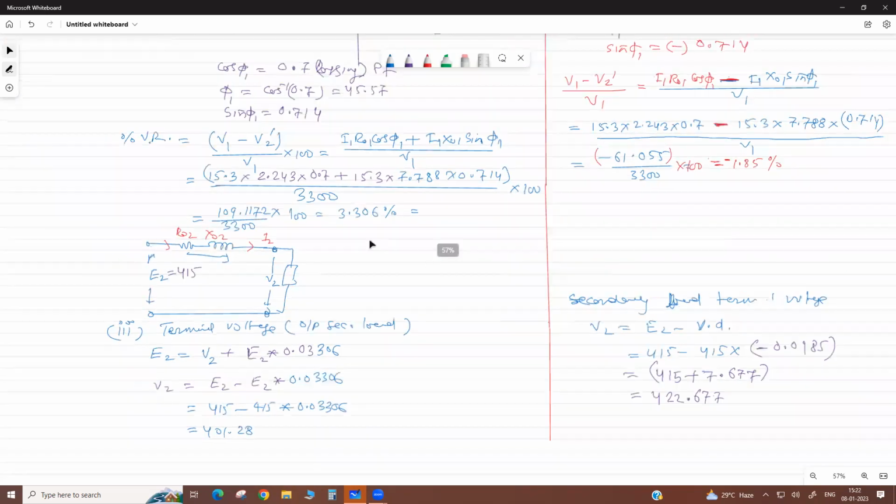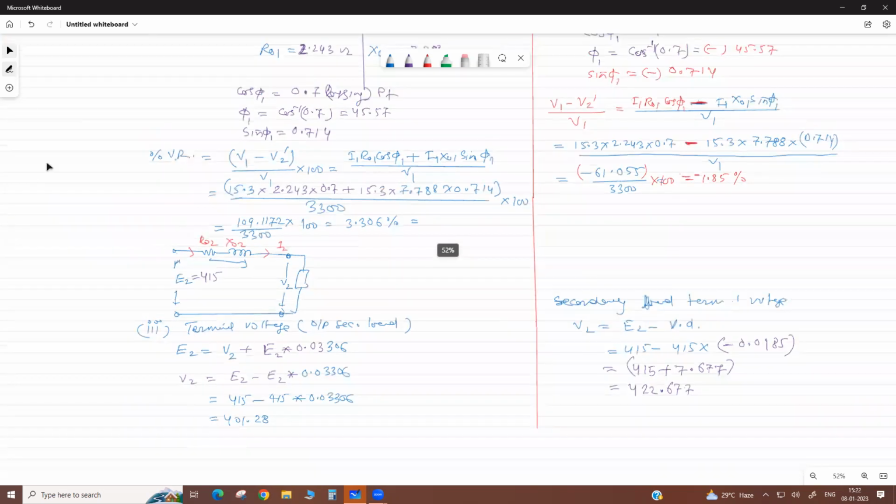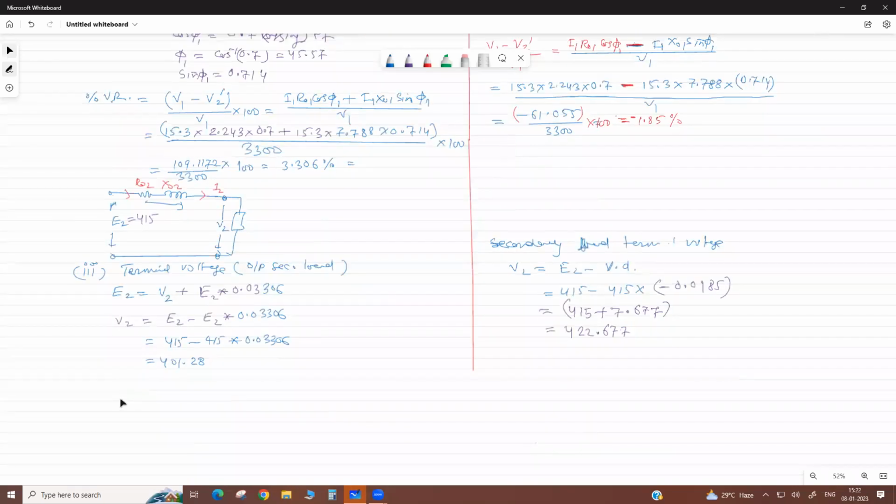First of all, your parameters, then efficiency at half load and full load, then you have to calculate the parameters. Then voltage regulation and terminal voltage. Okay, just subtract that voltage drop. So this voltage regulation is nothing but the percentage drop.